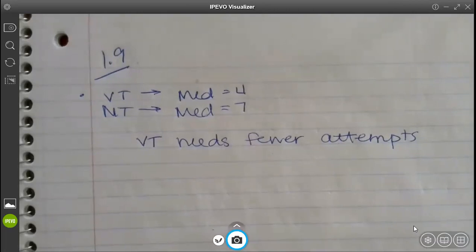Essentially correct if the response satisfies the following 2 components: an indication that players who receive visualized training take fewer attempts before making 2 consecutive baskets than those who did not receive the training; and a justification based on location, such as the median of attempts is less for the group that received visualization training, or that the number of attempts required was typically less for the group that received visualized training. It is partially correct if the response satisfies only one of the two components, and incorrect if the response does not meet the criteria.